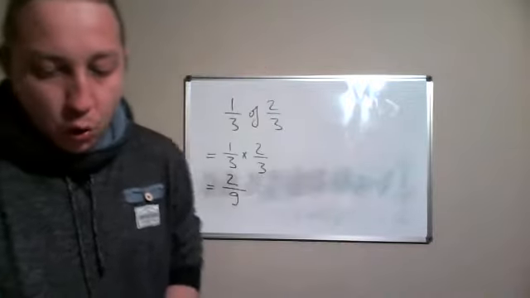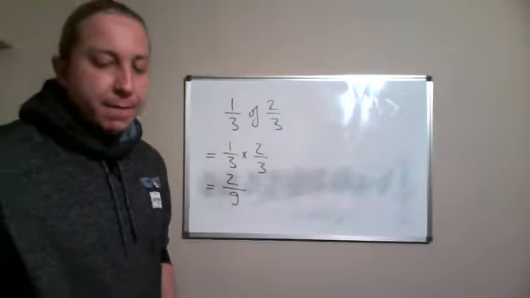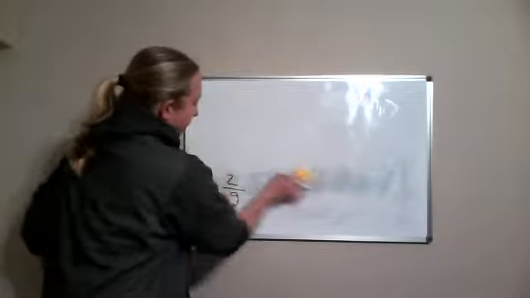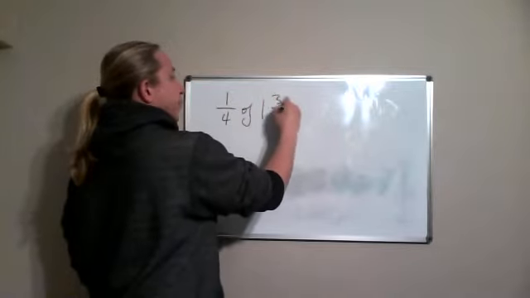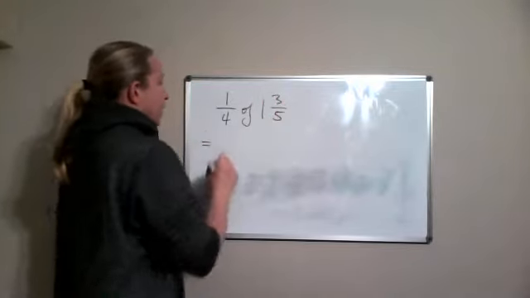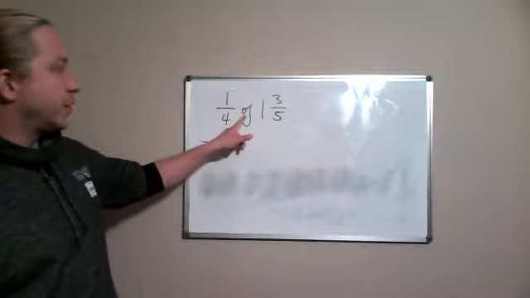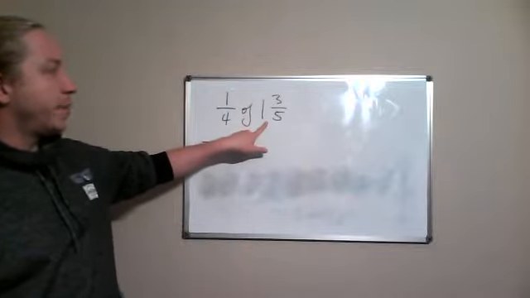Let's do a harder one. Let's do number 3. A quarter of 1 3/5. So first we notice the of is a multiplication, and here we have a mixed number.